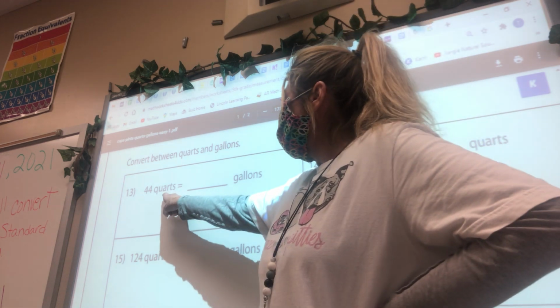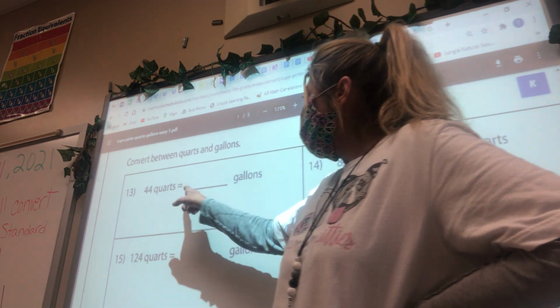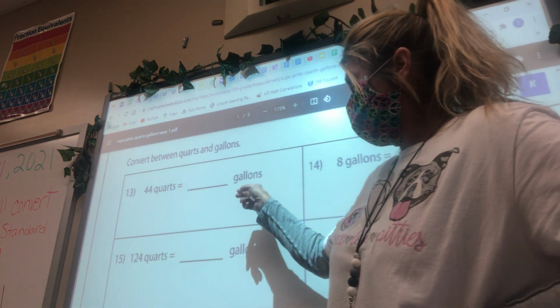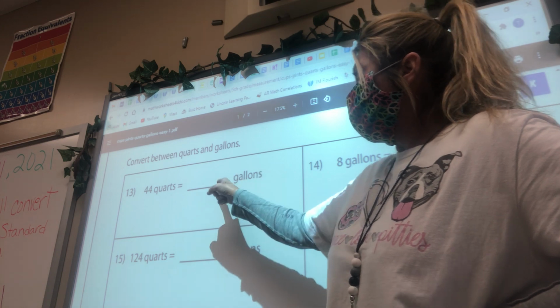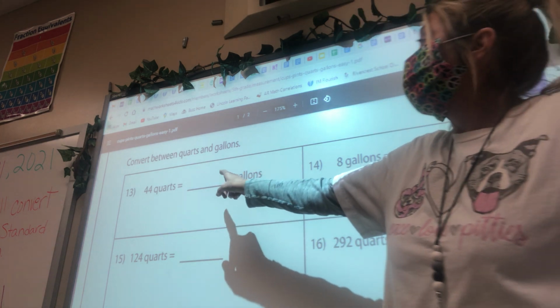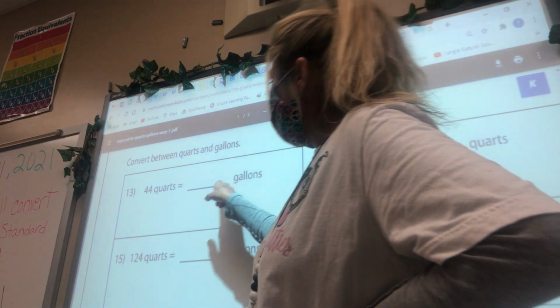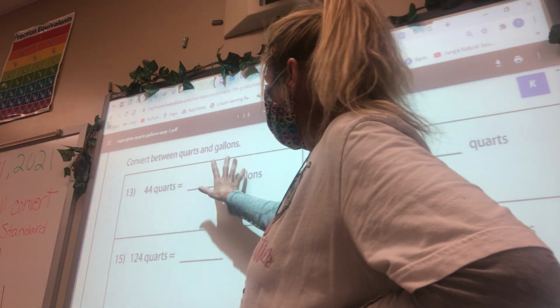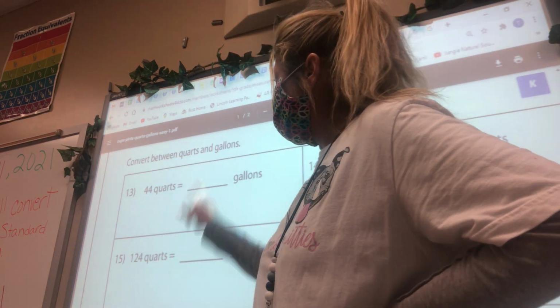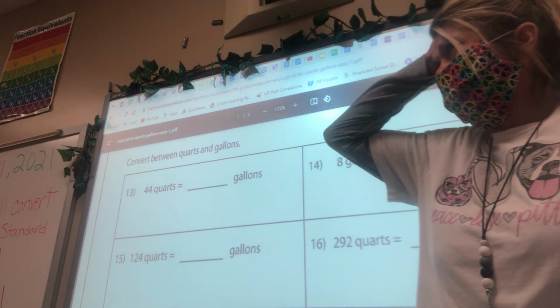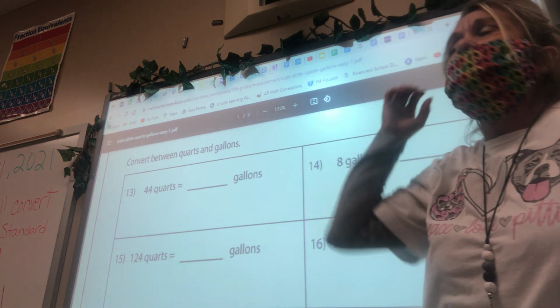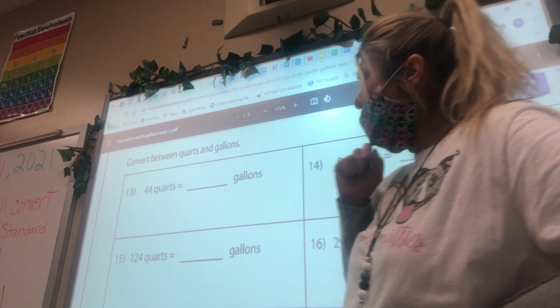Now, I have 44 quarts, and I want to know how many gallons that is. Higher or lower number? Lower, because it takes a whole bunch of quarts to equal a lesser number of gallons. So I know I'm going to be dividing because I know the lower number.